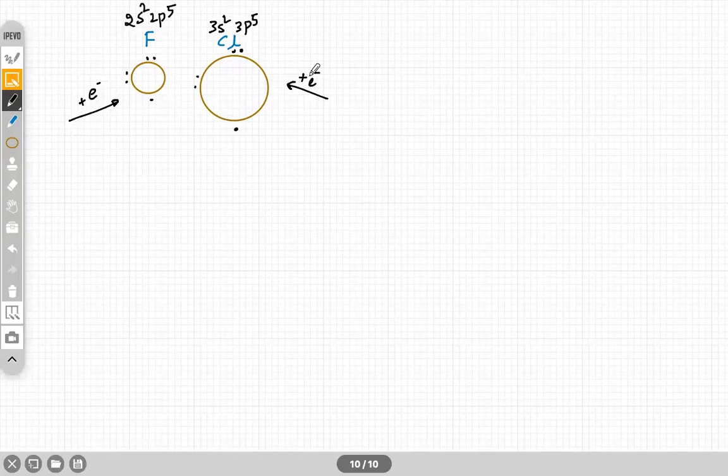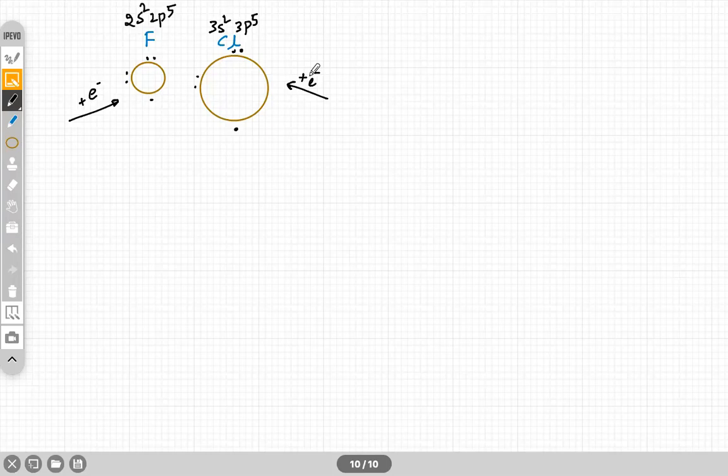But the surface or the volume of chlorine is more, so the electrons are scattered there. In chlorine they are not concentrated, in fluorine it is relatively more concentrated, correct? So fluorine presents more repulsion to the coming electron. Hence, it is difficult for an electron to add on fluorine.